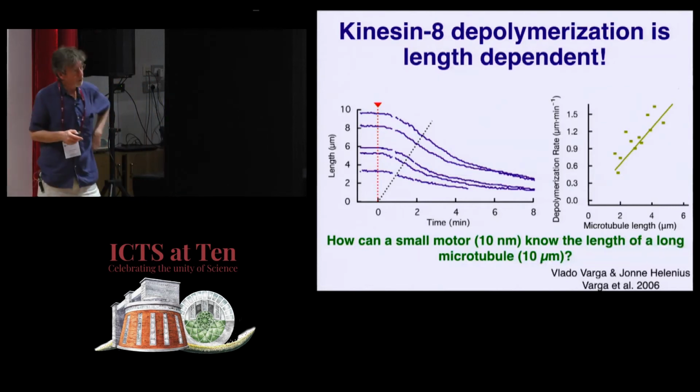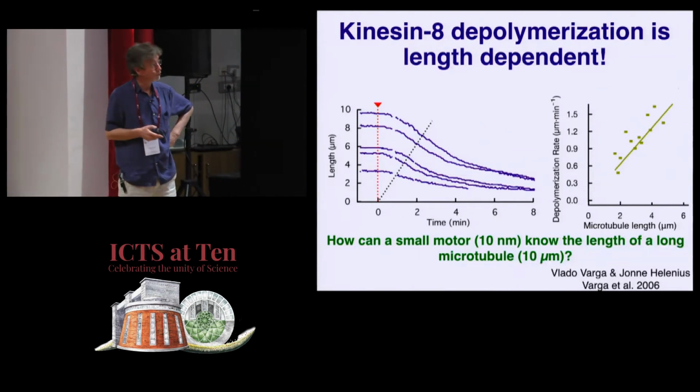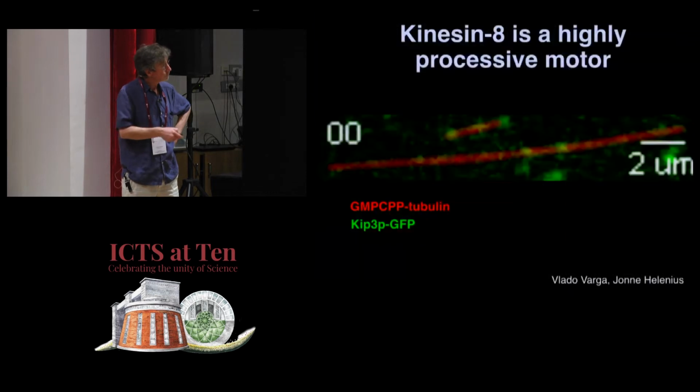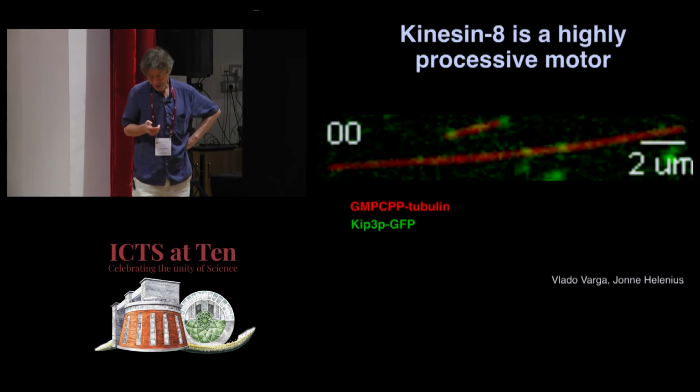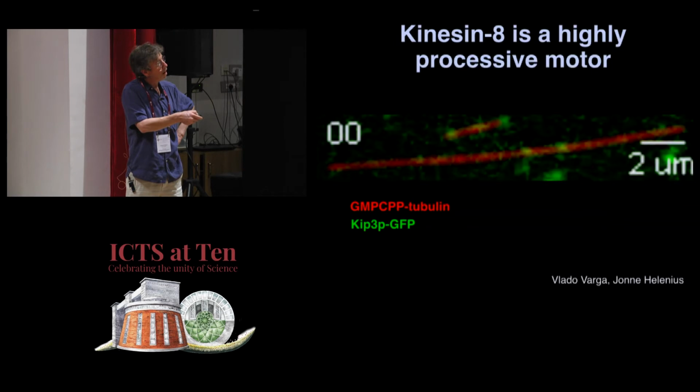So in order to answer that question, we turn to our single molecule techniques. What we're able to do is, if we now fluorescently label the motor green and the microtubule red, we found that the motors are what we call highly processive. What that means is that the motors diffuse down from solution and bind to the microtubule, and then they move all the way along the length of the microtubule.